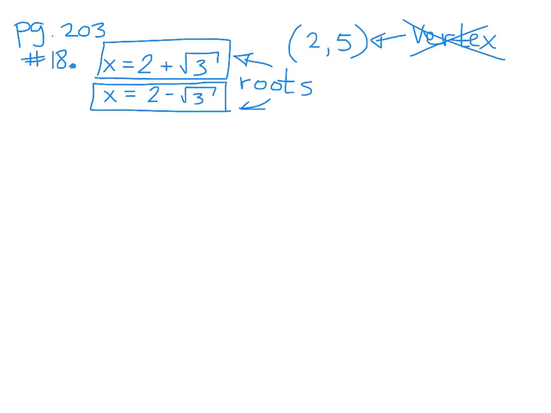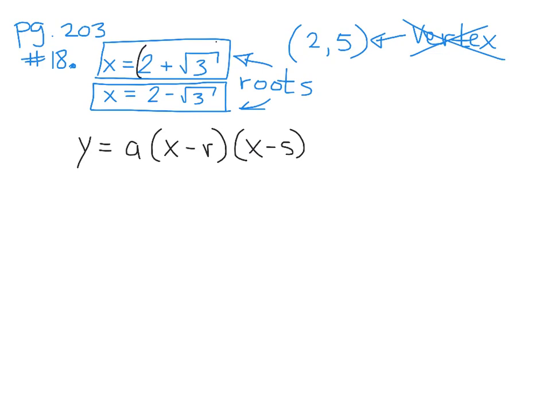Now, if those are the roots, we know that the formula for any parabola that is in factored form is y equals a times (x minus r) times (x minus s). So x minus the first x-intercept times x minus the second x-intercept. Be careful.